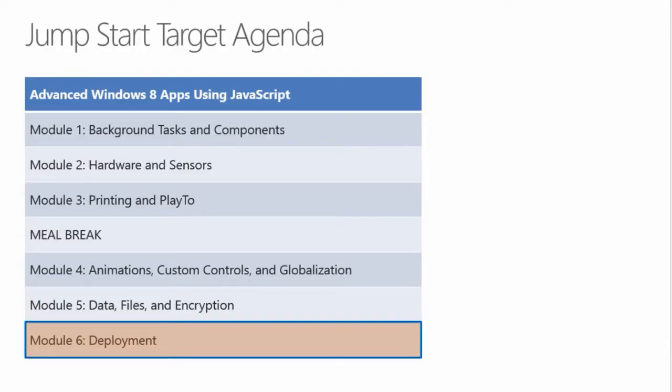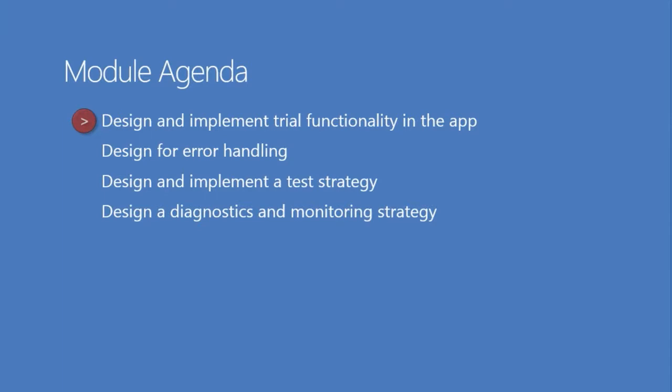If you take a look at my screen, thank you to all of you who've been with us up to this point. Now we're going to go into some important topics. Trial functionality in your app is going to be one of those topics. Then we'll cover error handling.